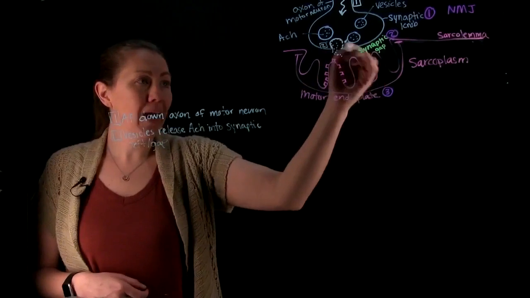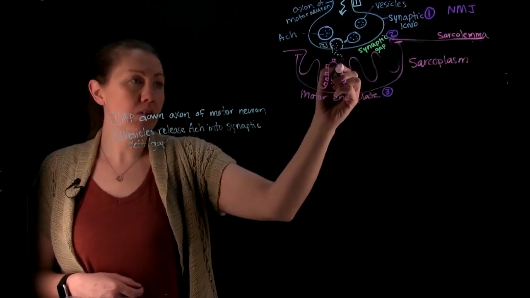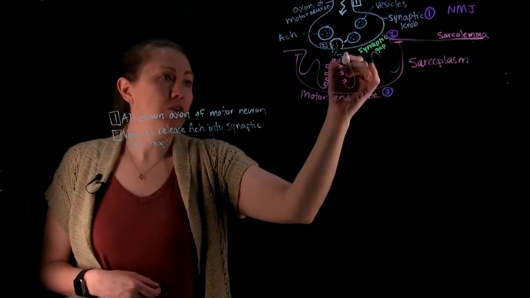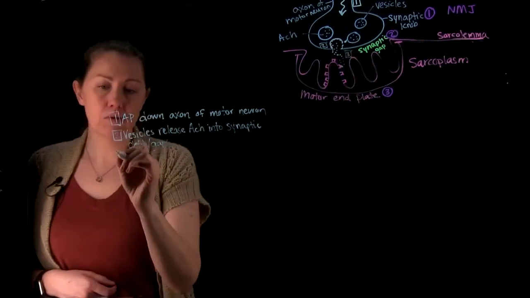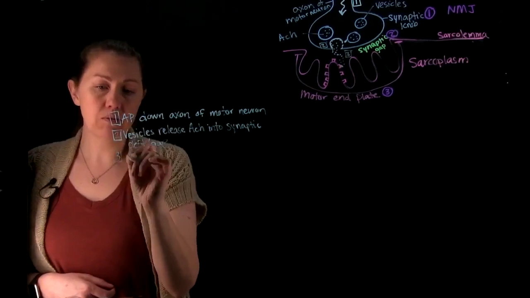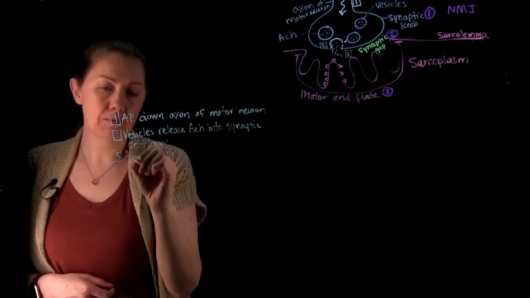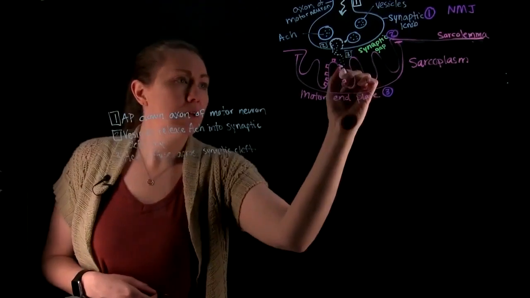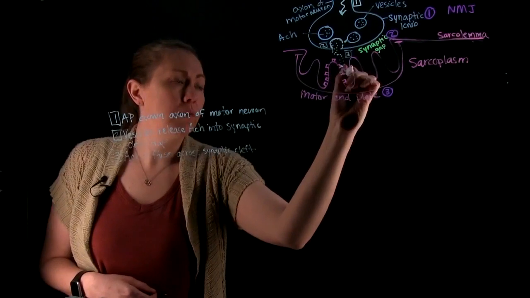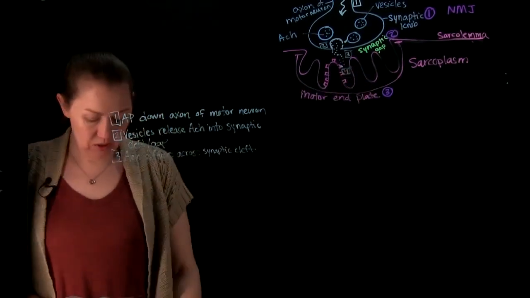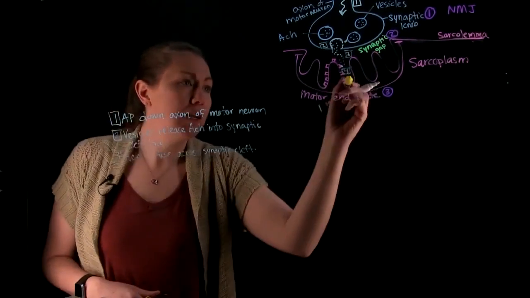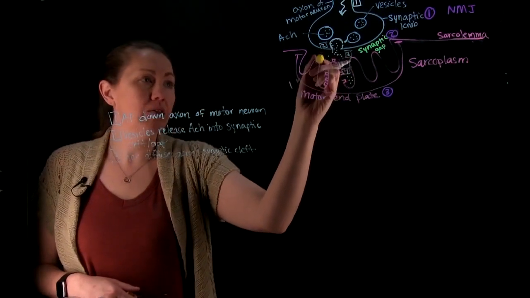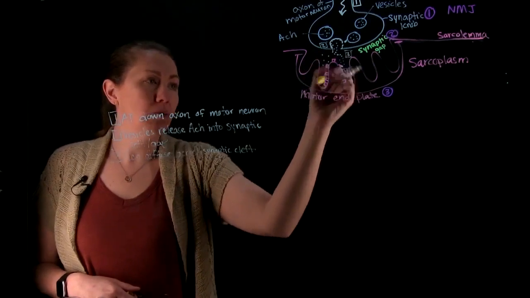Now here's an important part. What happens when you get into the gap? Well, you're going to go across from an area of high concentration to an area of low concentration. So the word is diffuse. So 3, acetylcholine diffuses across the synaptic cleft. Then it binds to that receptor there. That receptor is a gated ion channel. So what will happen is out here in this space isn't just acetylcholine, but a lot of sodium. And so what will happen, you bind to the receptor.